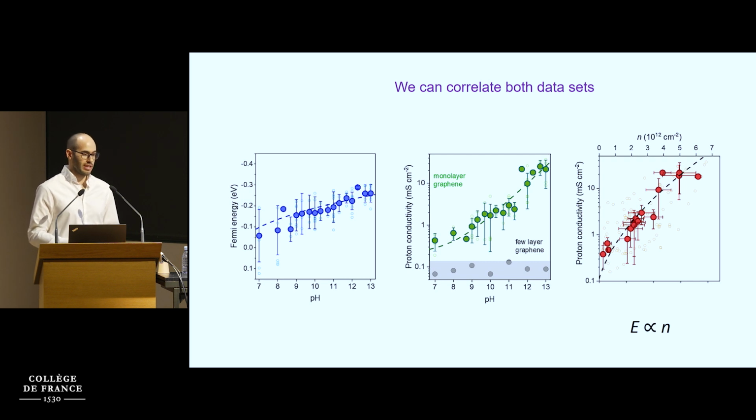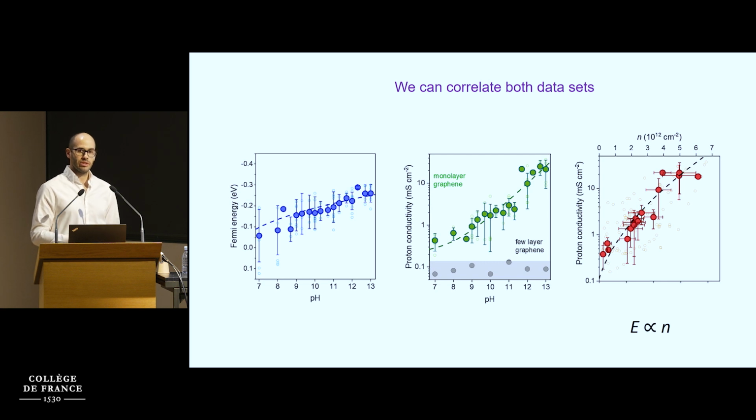But we realized that in an electrochemical interface, you have a double layer, and you have two sections. You have the Stern layer, which is basically a capacitor, and then you have a diffuse layer, where the ions finish screening the charges from the electrode.